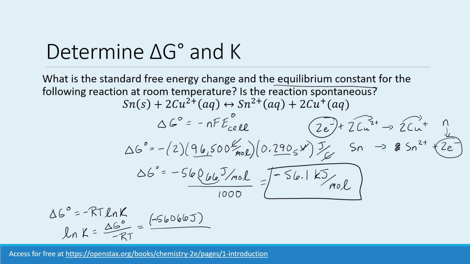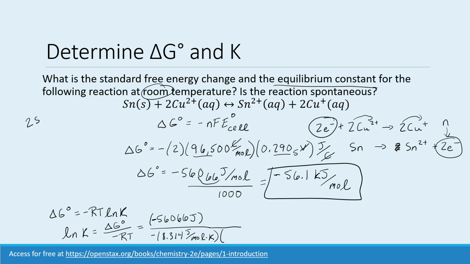And divide that by, that should be negative, right? And so divide that by negative R, which is the 8.314 joules per mole Kelvin, times the temperature in Kelvin, and this is at room temperature.